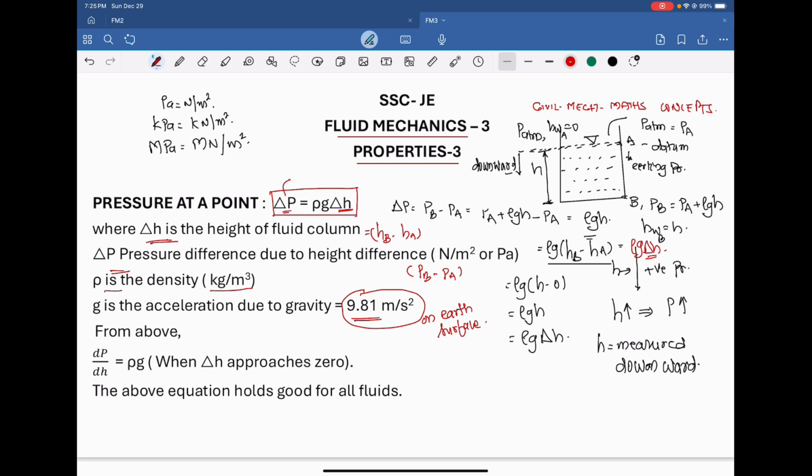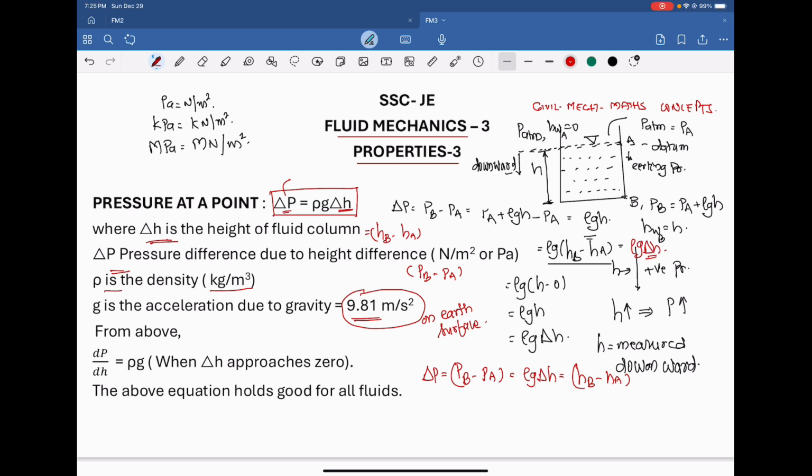Now we have seen delta P, PB minus PA, is equal to rho G into delta H, that is equal to HB minus HA. You take a beaker in your hands, start pouring water in it.